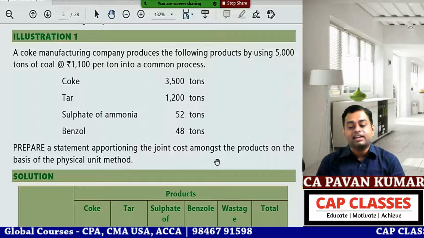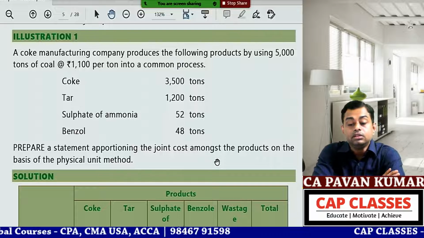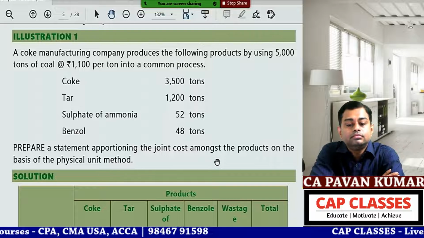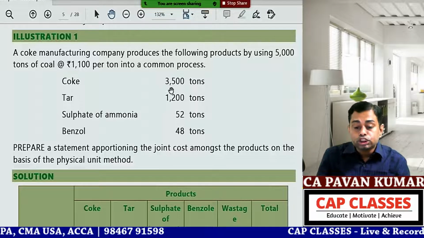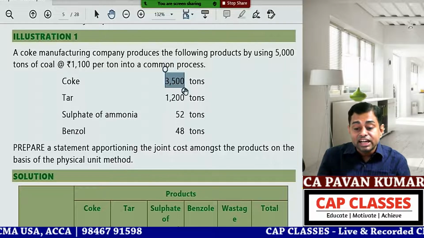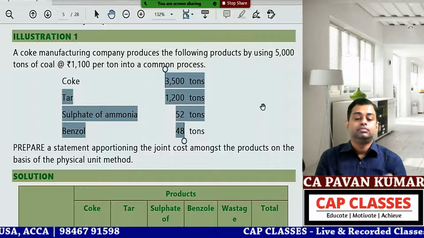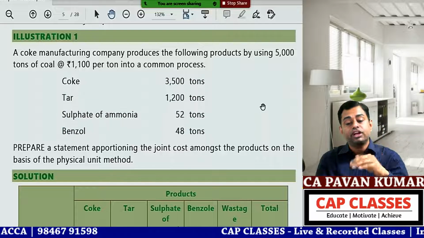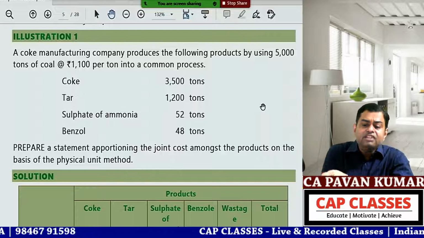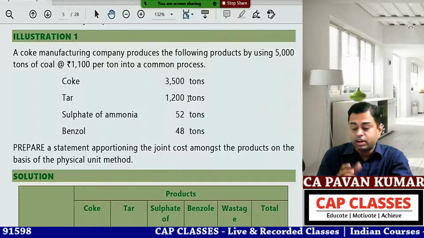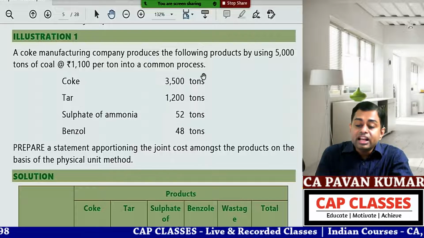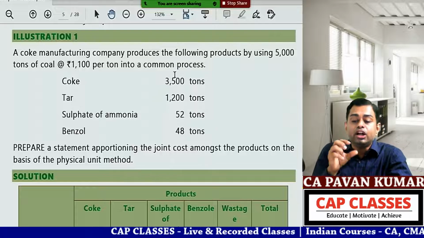Normal loss. Correct. So what to do? That normal loss 200 also should be apportioned in this ratio, 3,500 is to 1,200 is to 52 is to 48. So you'll inflate all these proportionately to match 5,000.